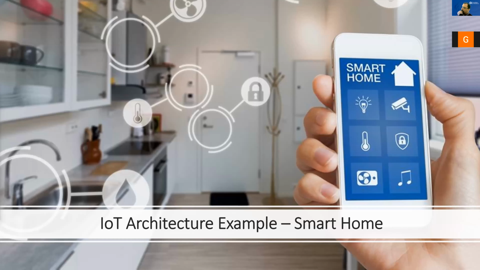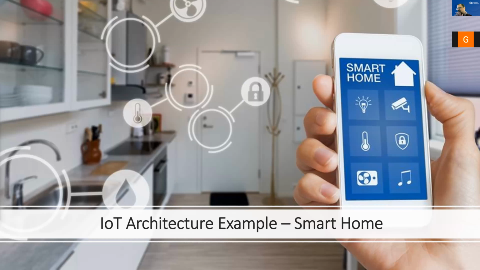Now, I try to explain one example of IoT architecture applied. You have a different type of IoT architecture. For example, you can have smart homes, you can apply IoT in the airport, you can apply IoT in the maintenance, in the industry, and other type of solutions.